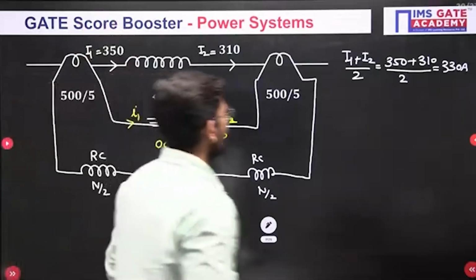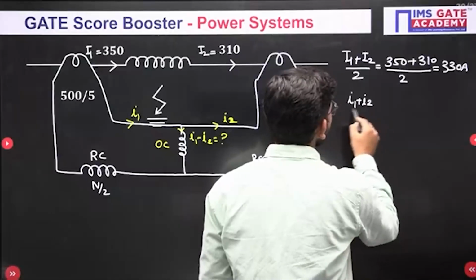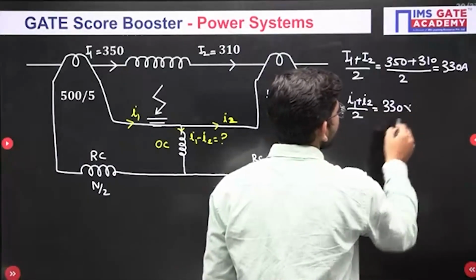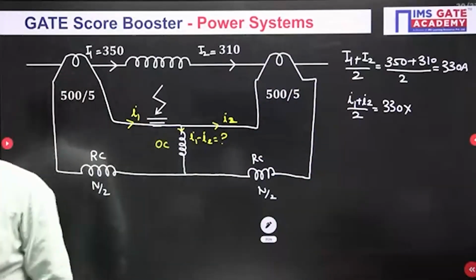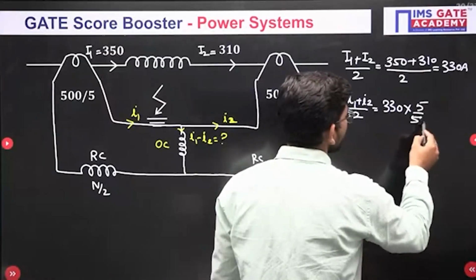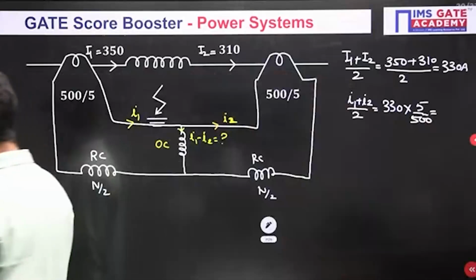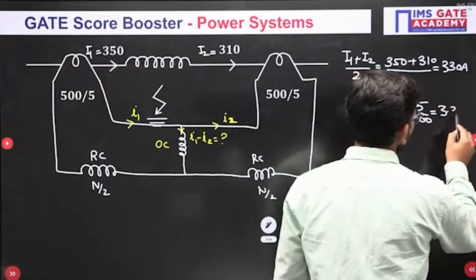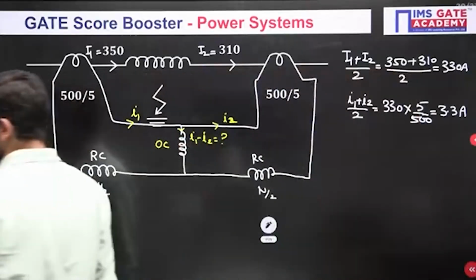At the secondary side these will be small. The primary values are modified as per the transformation ratio of the CT, which is given as 500 to 5. Now when you do that, (I1 plus I2)/2 comes to 3.3 amperes.